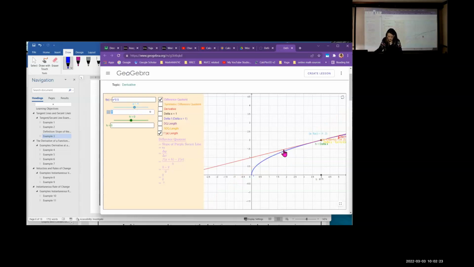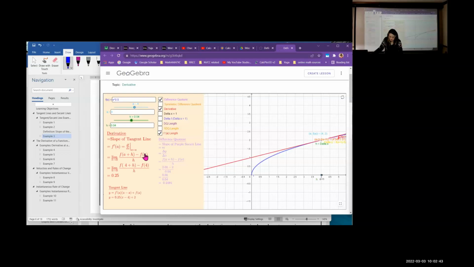All right, so a equals 4. And we want to know what's the slope of the tangent line as it gets closer and closer. So as we get very, very close, we can see that it's getting closer and closer, and we can tell what the value is coming out to be.